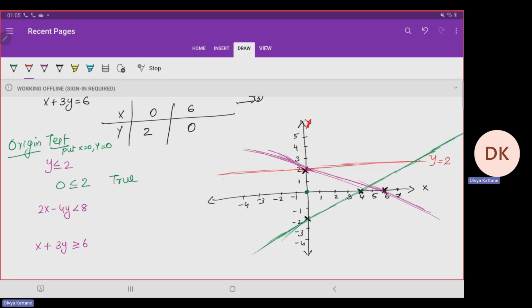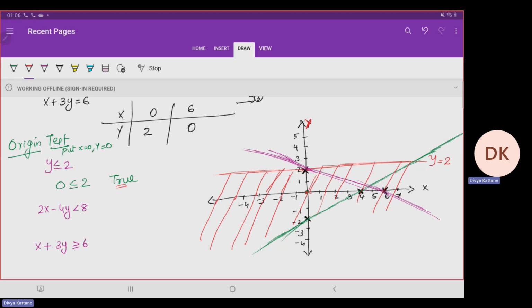Look, y equal to 2, so (0, 0) is down. I can take all the points down to the line y equal to 2. Since that is true, I can take the origin in the region.